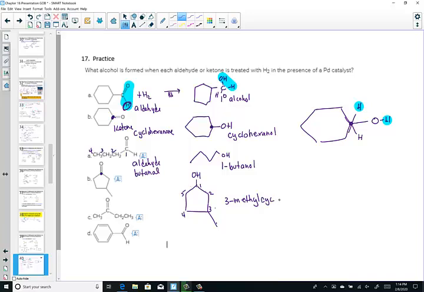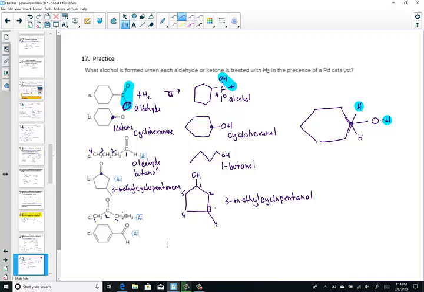And then it's cyclopentanol for the alcohol. And here you had 3-methylcyclopentanone for the ketone.